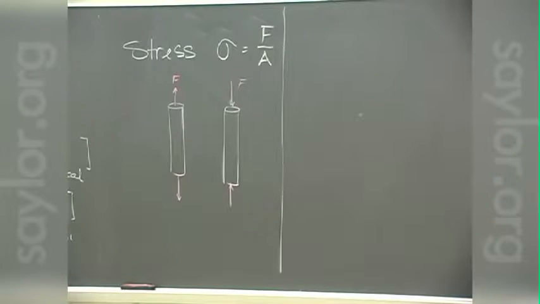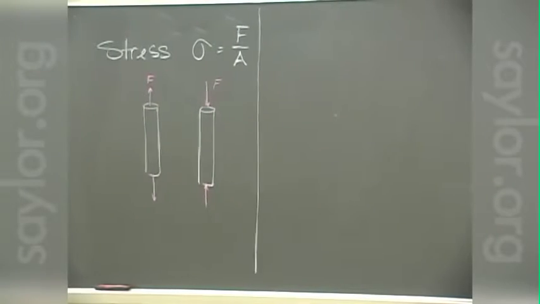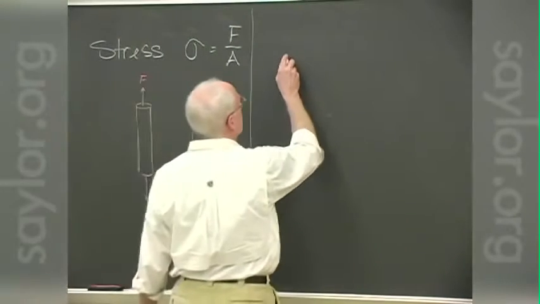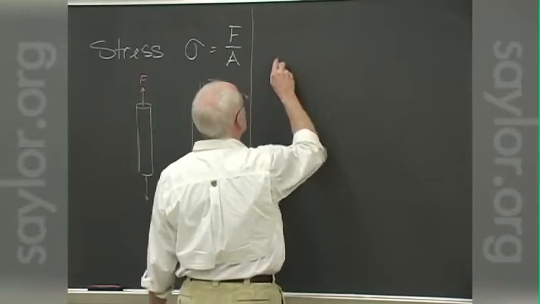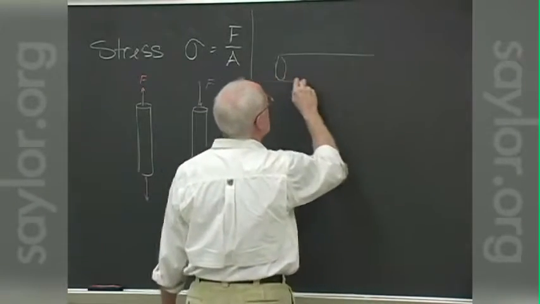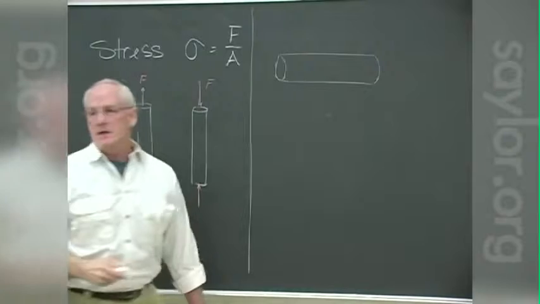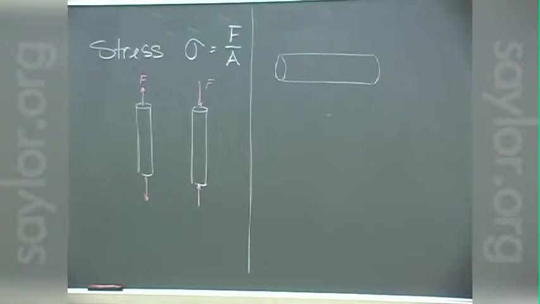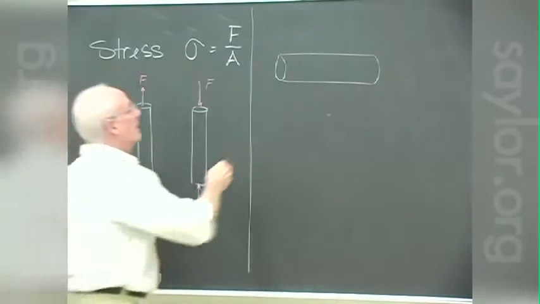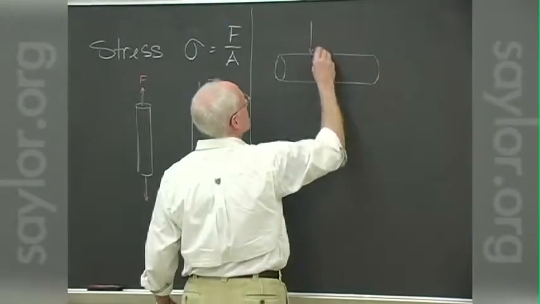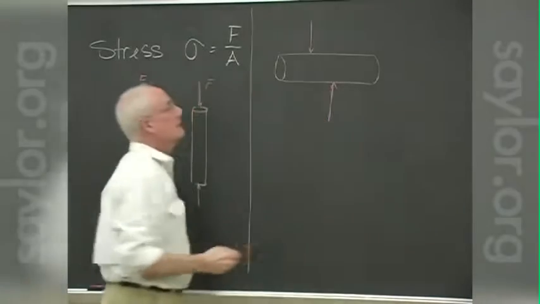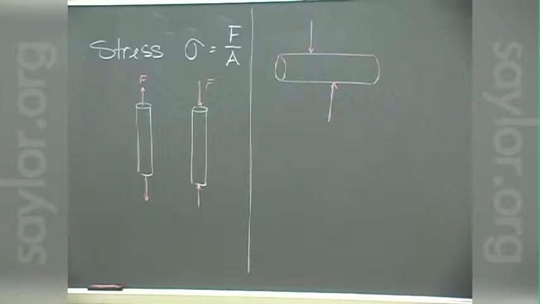Another type of simple loading, and we've looked at it some in the statics we had before, is that a structural member can have loads that are not directed along the member, but are transverse to the material.